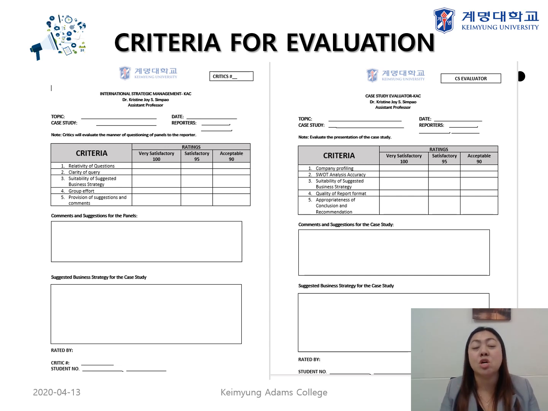But remember, the most important aspect of this evaluation is your suggested business strategy. You are all required to write a business strategy that is not mentioned in the topic.